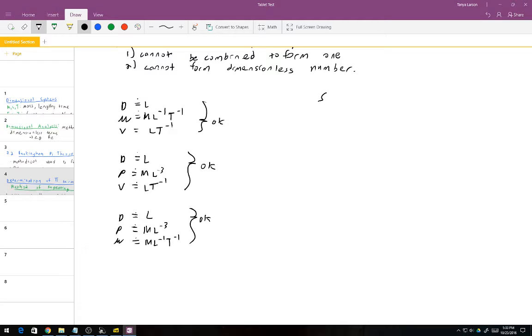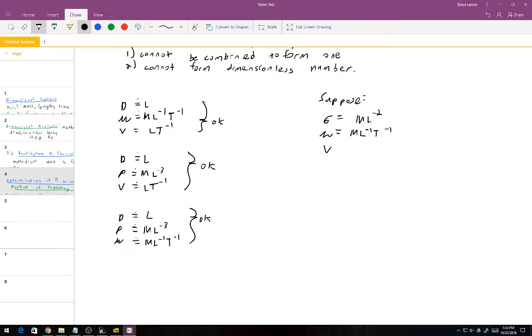What if we tried something different? Suppose we had something like sigma, maybe M, L to the negative 2. Sigma isn't one of our variables, but let's say we did have it. Mu, M, L to the negative 1, T to the negative 1.